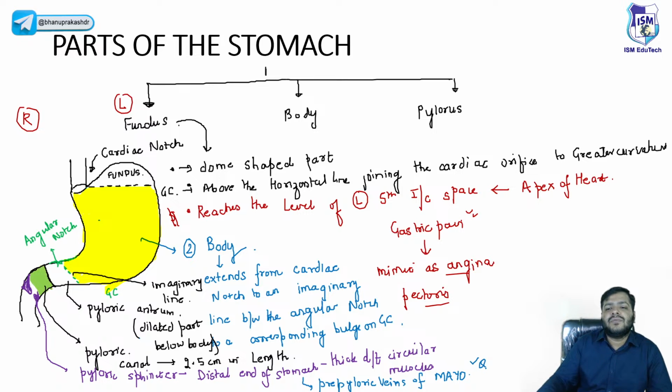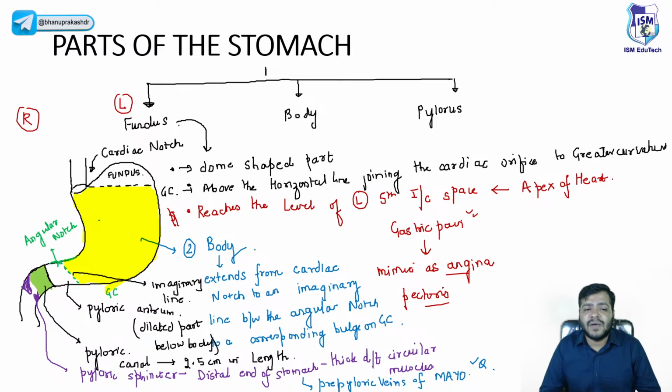Yes, very good, beta. This is again an important landmark, beta. If you see these pre-pyloric veins of Mayo, that will help you distinguish the pyloric sphincter that you will encounter over here. I hope this is clear to everyone.